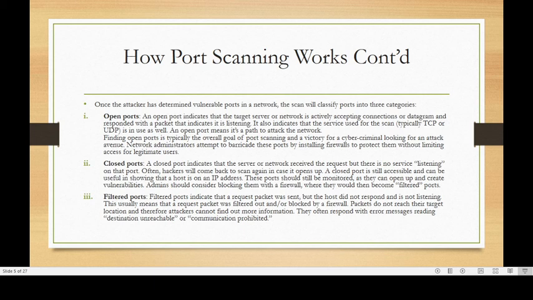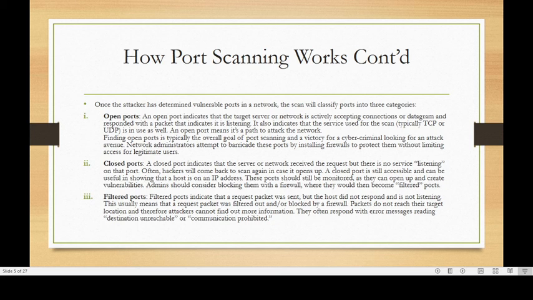Port scanning is the process of sending packets to specific ports that are open and could be receiving or sending data on the host. This involves analyzing the response to identify vulnerabilities.